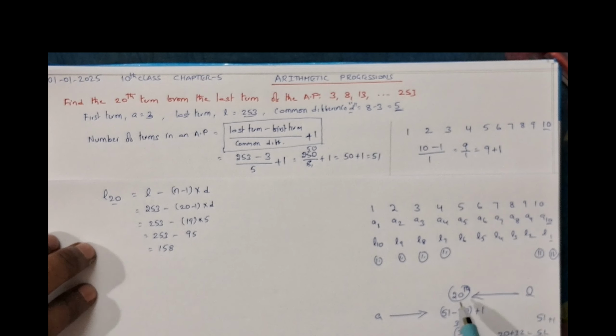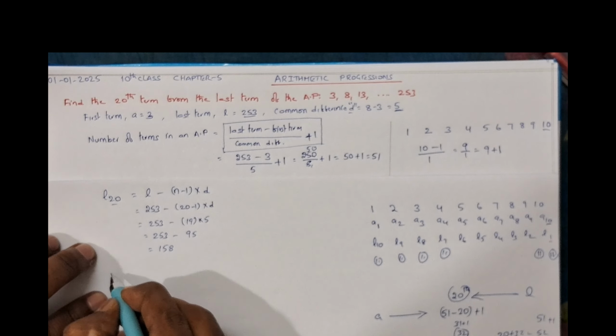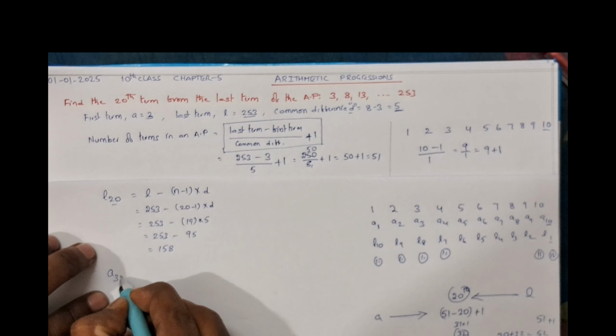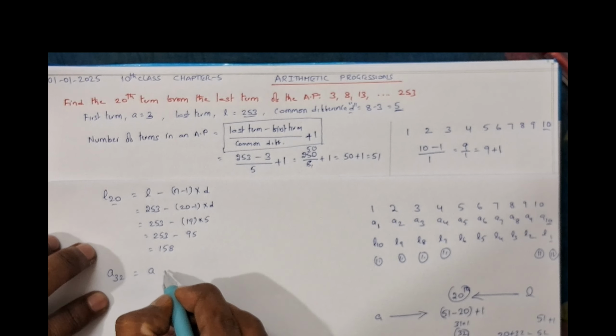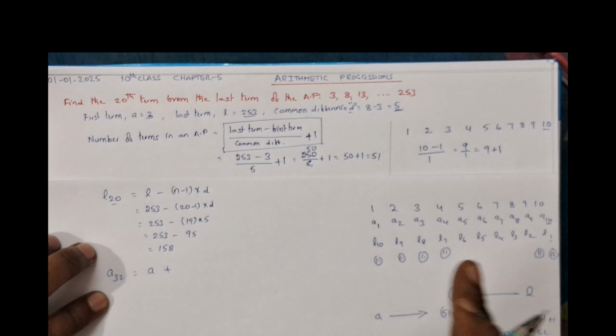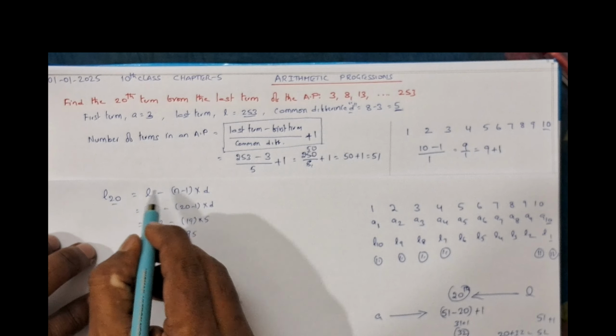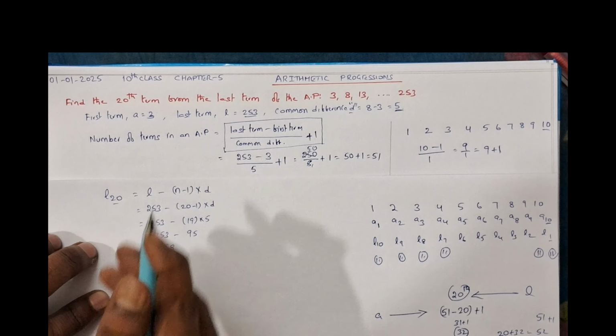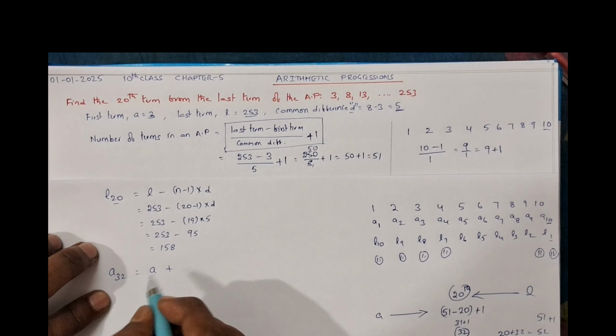Similarly, to find the A32, from the first it becomes A plus. So we are adding. Here we are decreasing. From the last it is in a decreasing mode. From the first it is increasing mode.